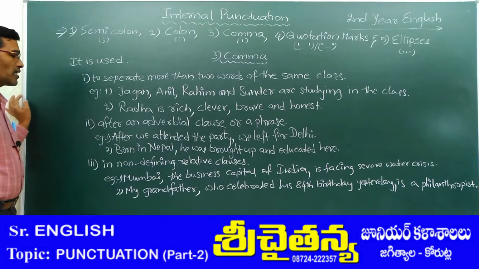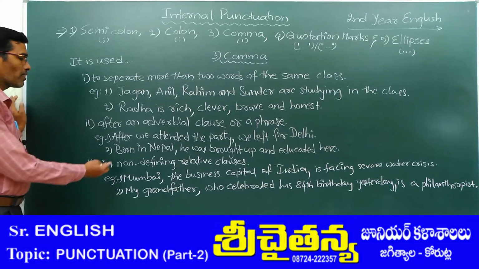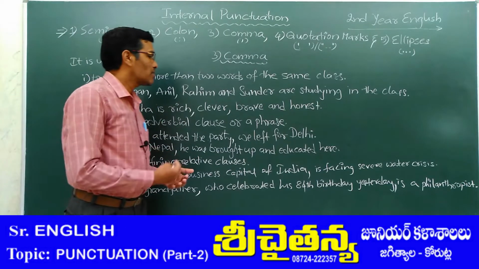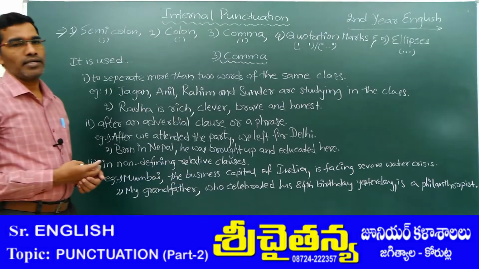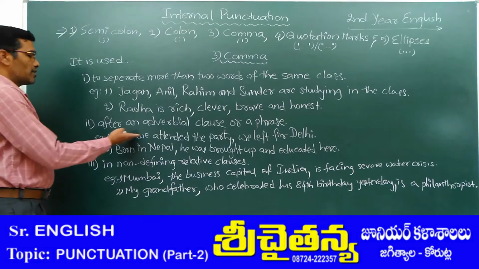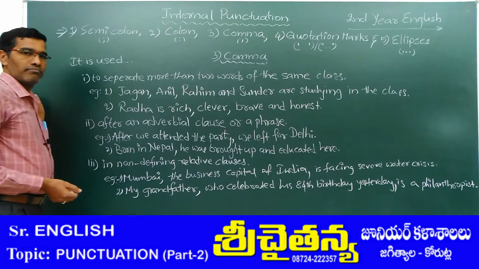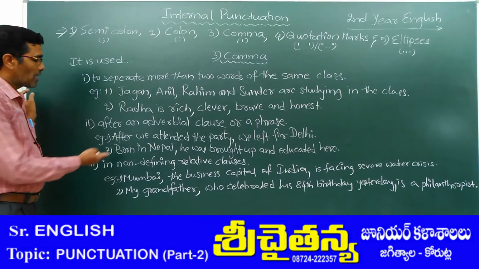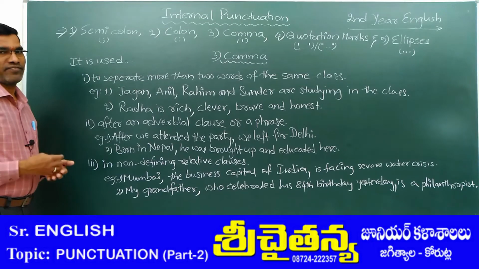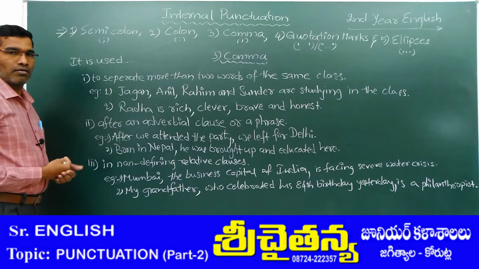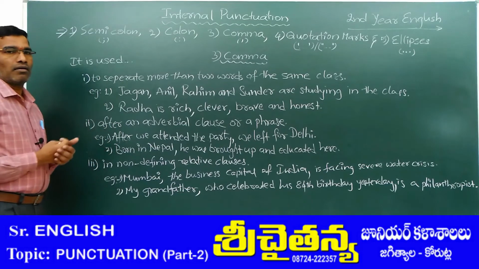Okay. Observe the second example. It is the same. Born in Nepal, he was brought up and educated here. Again, the first case is time of adverb, and the second case is place of adverb. So born in Nepal is again referring to a place.